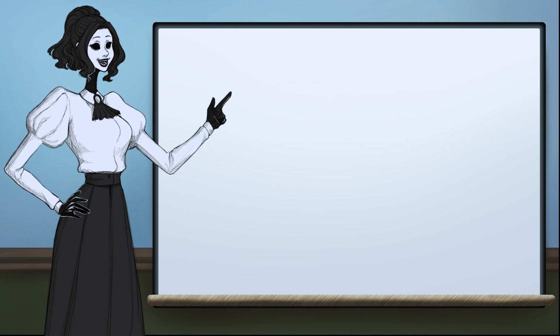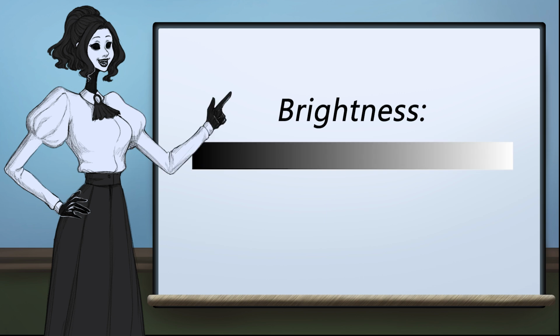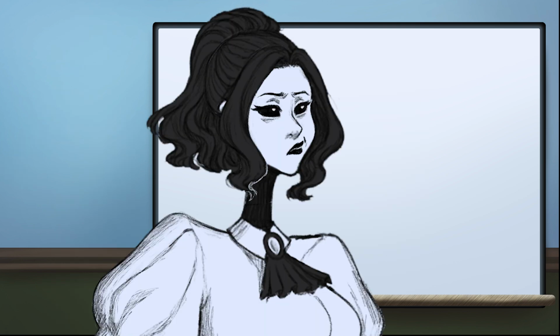Let's explain the first point. A color's saturation is how close the color is to gray or to being a full-on neon color. A color's brightness is how close it is to black or white. With that said, the color on your character should never have the same saturation and brightness. Full stop. Just don't ever do that, please.